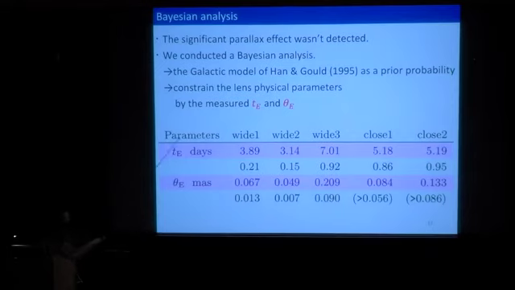Here is the value of each model. As for the close model, the difference between the model with finite source effect and the model without finite source effect is within 3 sigma, so we got only a lower limit of theta_E. And as for all models, theta_E has a large error.